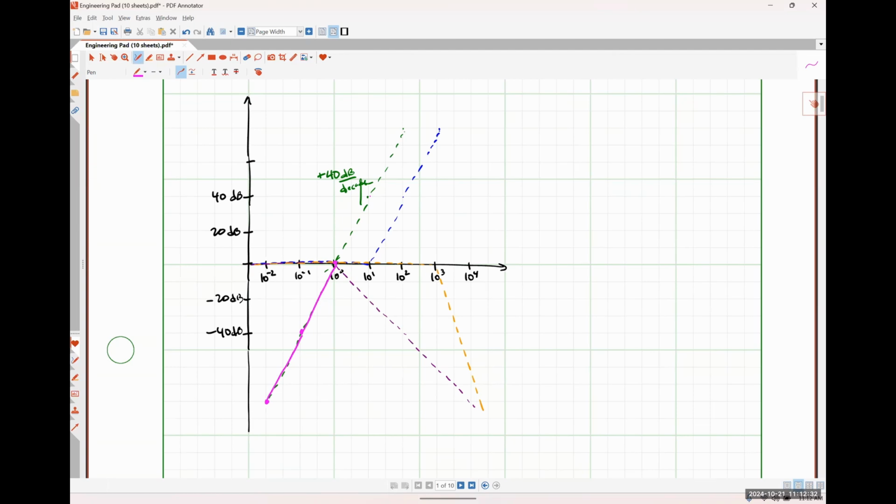At 10 to the 1, we have 40 plus 0 minus 20, positive 20. At 10 to the 2, this would be 80 plus 40 is 120, minus 40 is just going to be positive 80. So 20, 40, 60, 80.